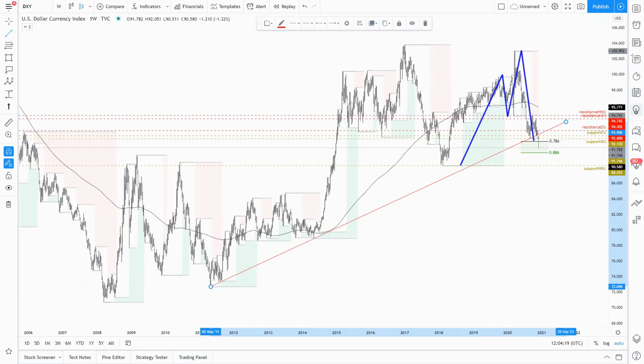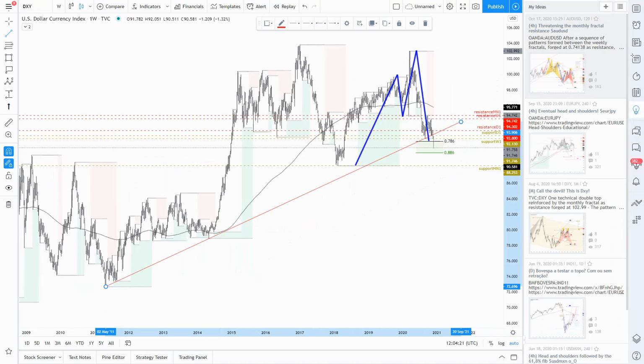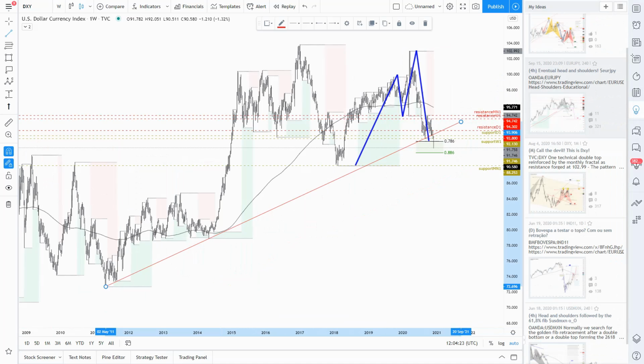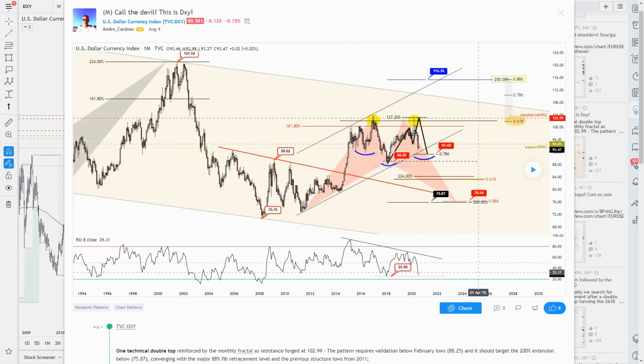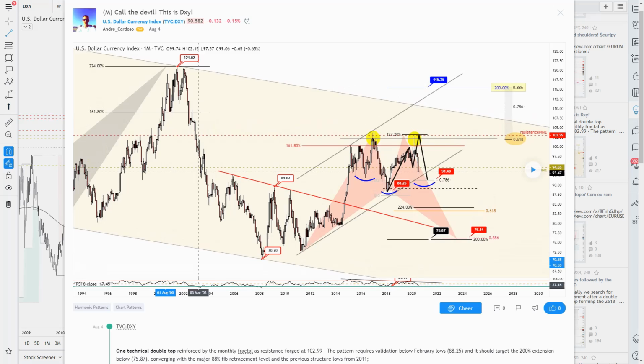As I said, I have a chart here that I shared. I published that chart on a monthly. This is a monthly chart for the Dixie, and it represents very well what I was trying to share with you. This is a monthly fractal chart. We have kind of a double top, which I shared with you yesterday.